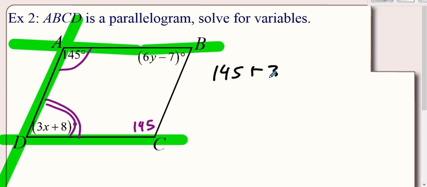145 plus 3x plus 8 equals 180. That's because those are parallelograms. So you got parallel lines cut by transversals. You can even add that as another property and say that consecutive angles are supplementary.